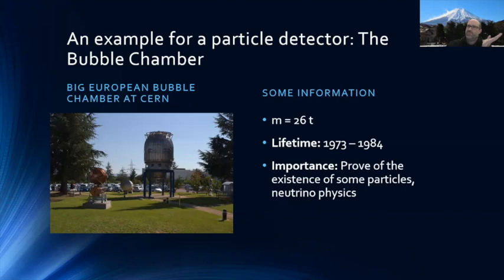So it's quite a long time for a detector, and it made some great contributions to bring particle physics to where it is today. They found some particles which were predicted to exist by theoretical physics, but they found them in the experiments. And they also did some neutrino physics, but I don't want to go into the details now because this might be a very long workshop if I do so.